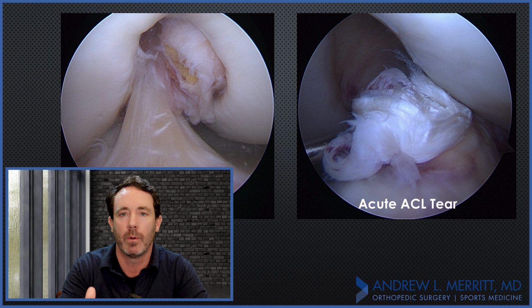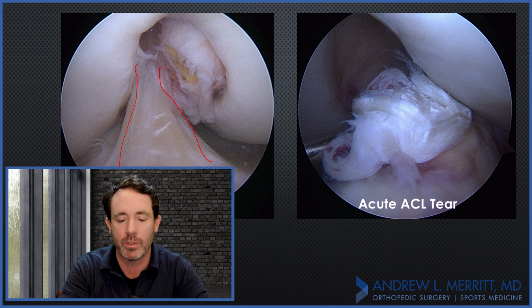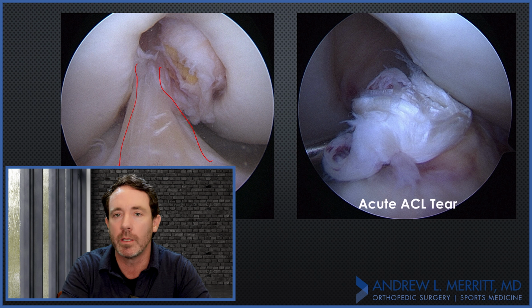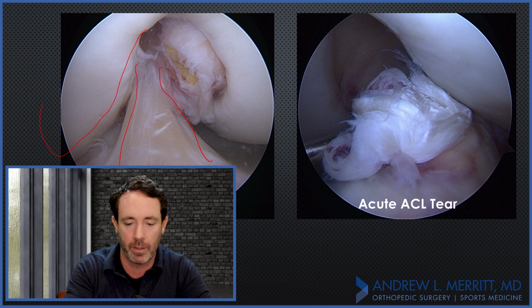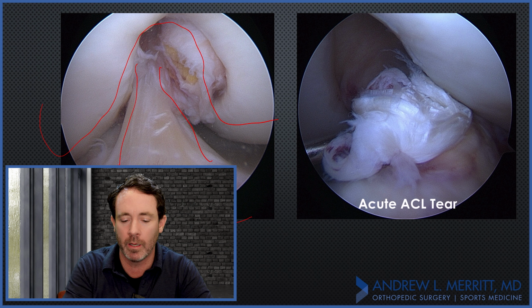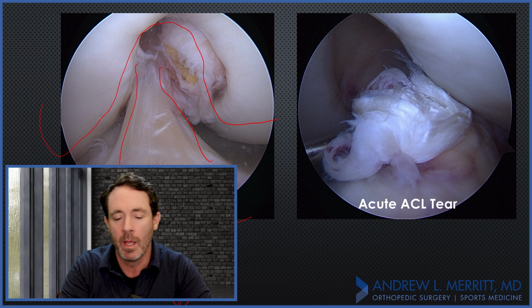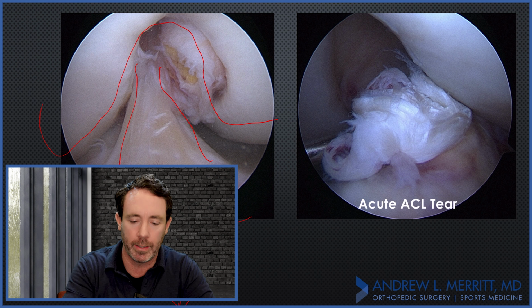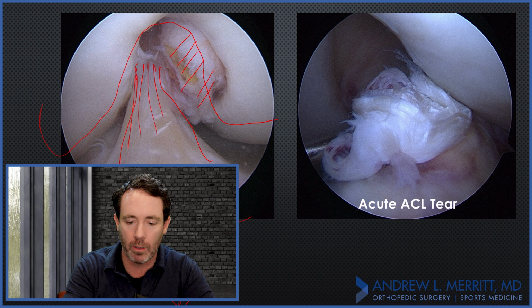When we look at the time of surgery, a normal ACL is this nice fan-shaped broad ligament. This is looking in the front of the knee. So here's the end of the femur, the top of the tibia, the foot's down towards the bottom, and the ACL is crossing the joint right here. And you can see this big band of fibers. Here's the PCL on the other side.